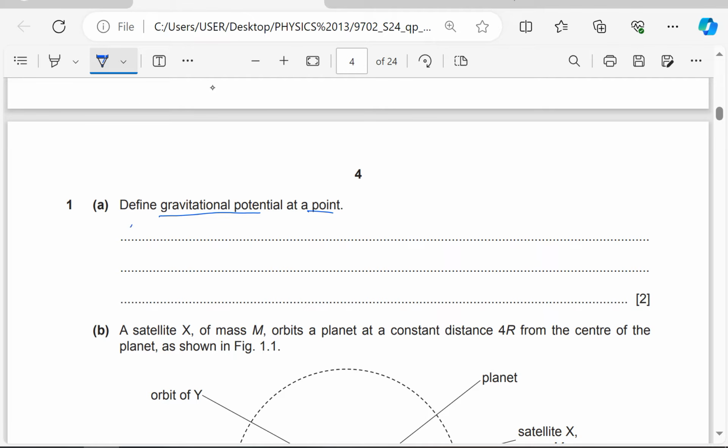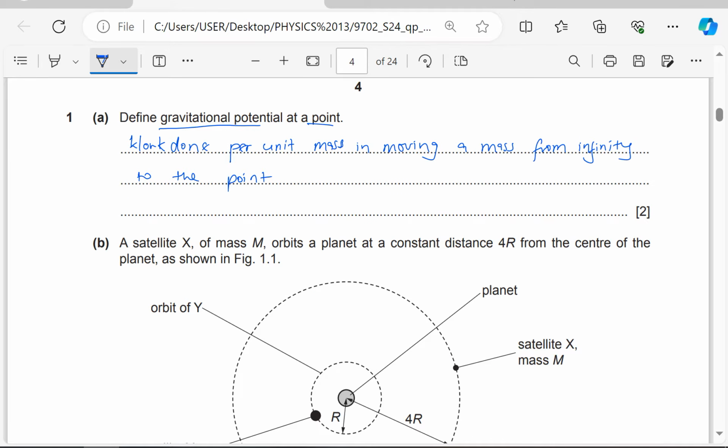So this is going to be the work done per unit mass in moving a mass from infinity to the point which is defined.